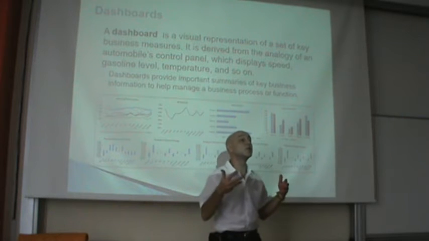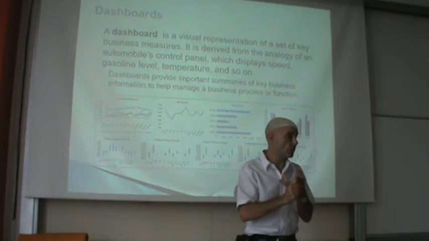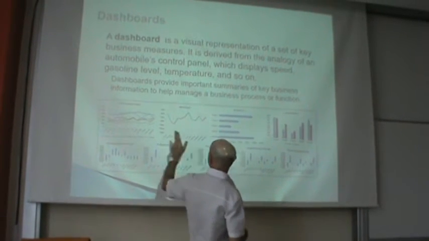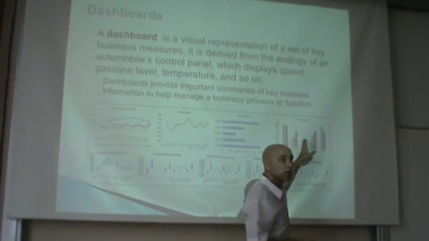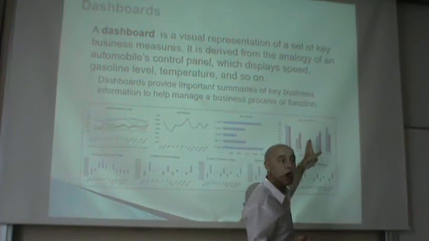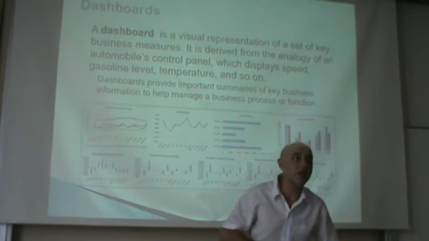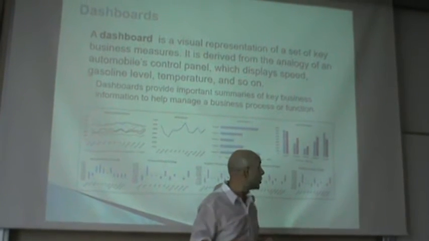Then I want to see a few commodities like oil and gold. Okay, so this is a dashboard. It gives you a number of different charts or variables or numbers that are more important, that give you a major overview of what's going on.